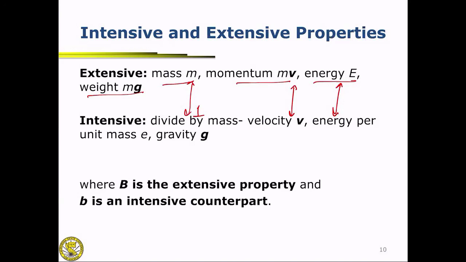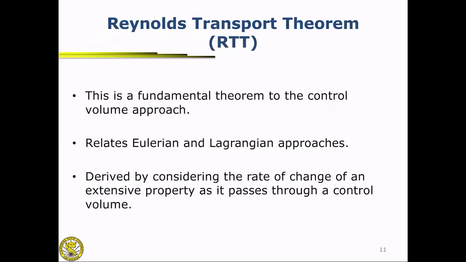In the Reynolds transport theorem, which I'm going to introduce next, the capital B is the extensive property, and lowercase b is the intensive counterpart, okay? So Reynolds transport theorem, which is RTT for short, is a fundamental theorem to the control volume approach.